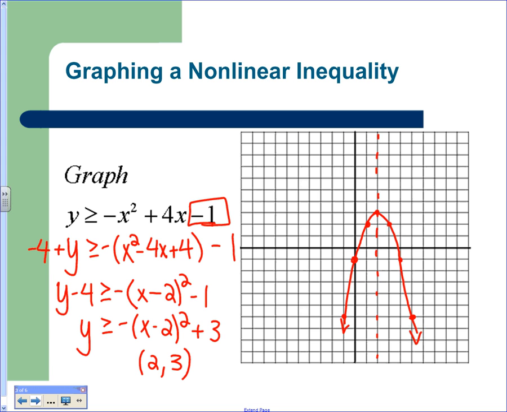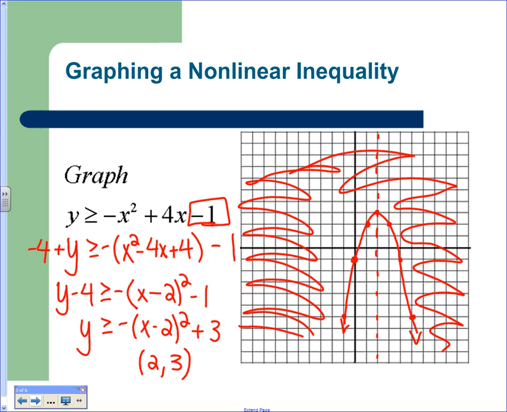Not just above the vertex, but everything around it that's above the parabola. Well, we kind of estimate there. It's above it. Yep.